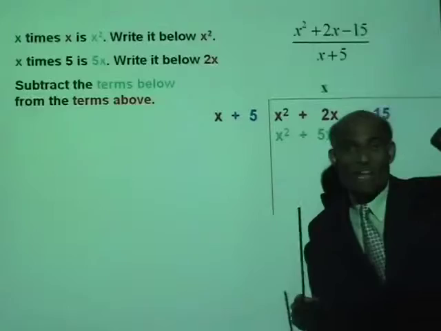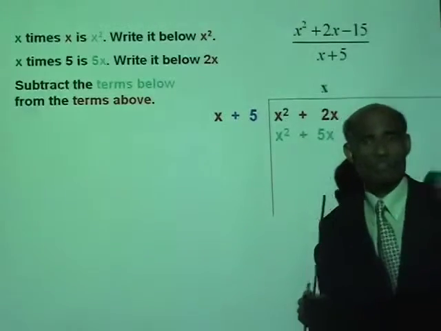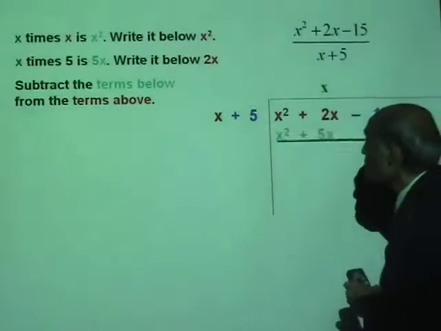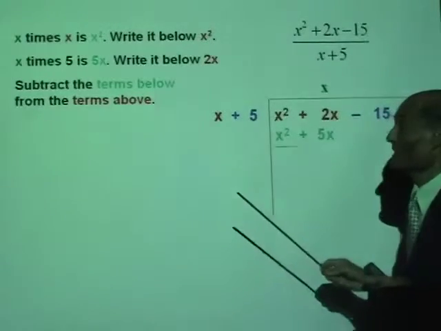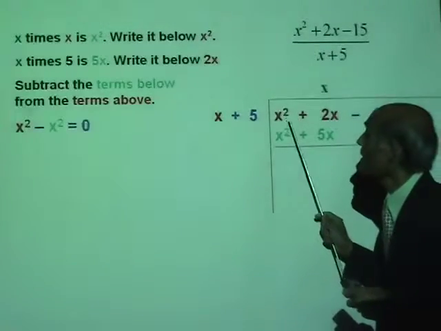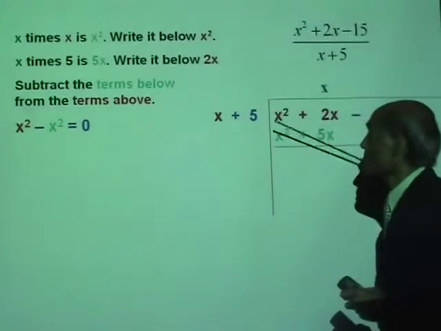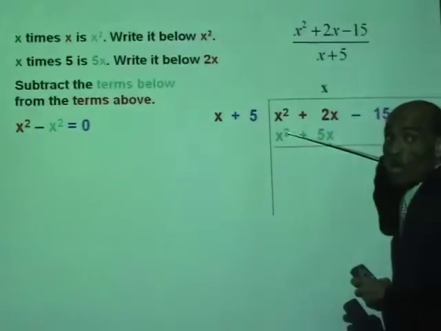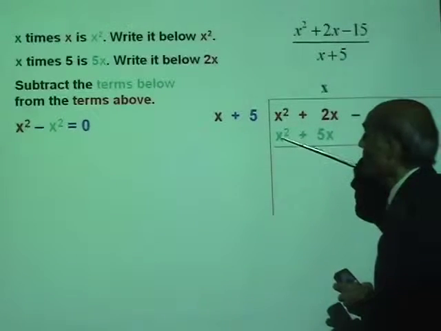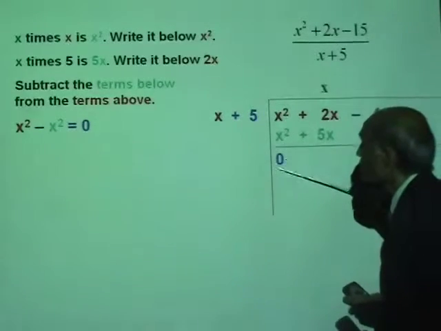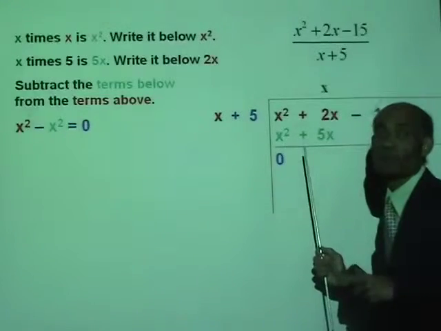Now, what is the next thing to do? Just like we did in the number, there's no difference. Subtract terms below from terms above. That means x squared minus x squared. Subtract the terms below from the terms above. X squared minus x squared is 0. So write 0 there.